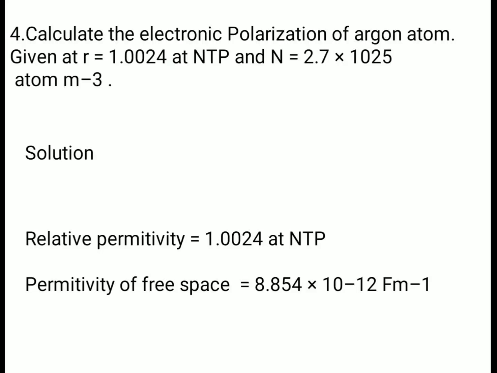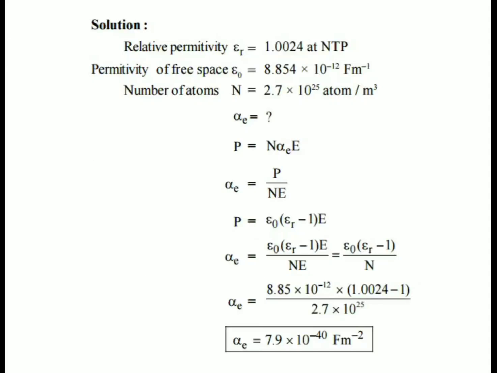Now given data: relative permittivity is 1.0024 at NTP, and the permittivity of free space, that is a constant, has a value equal to 8.854 into 10 power minus 12 farad per meter. And also this is the solution. So here we find the value for electronic polarizability.